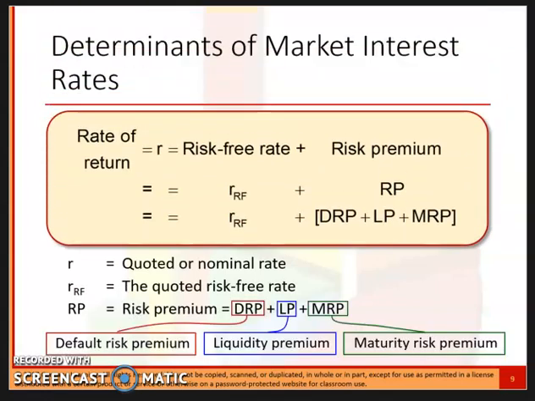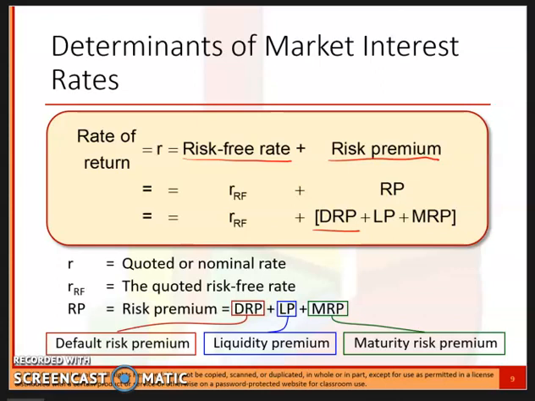So the rate of return for any given investment is simply a function of the risk-free rate and the risk premium. That risk premium can be made up of any number of factors. The default risk premium is the uncertainty with regard to a company's operations potentially, or could be a government as well.